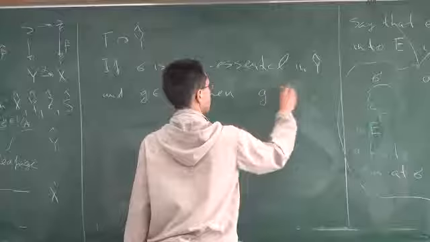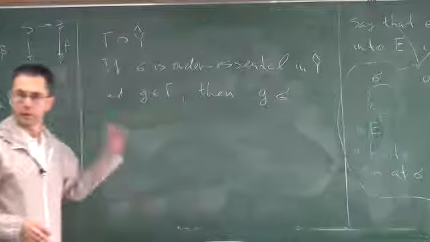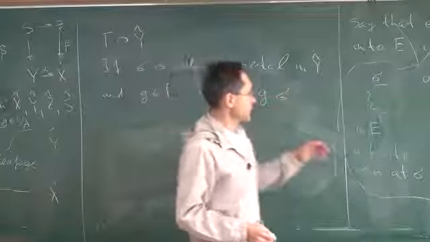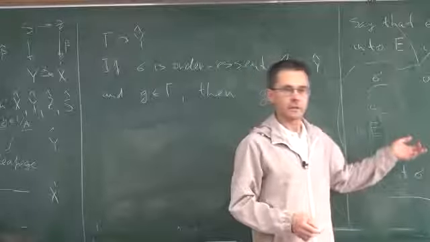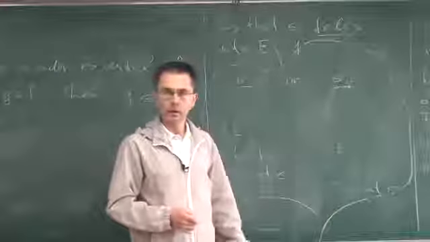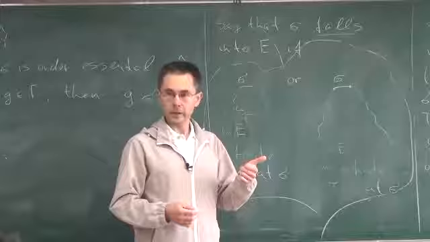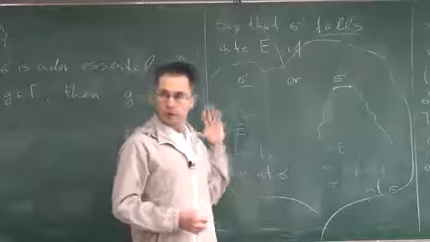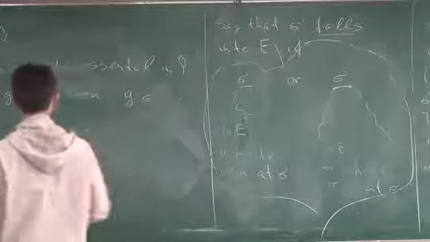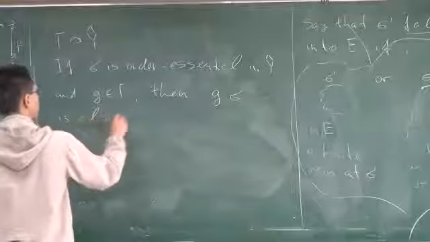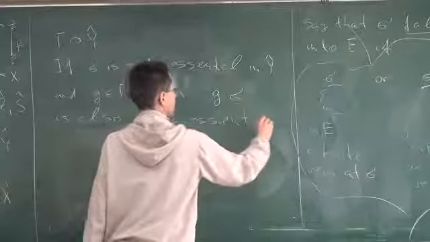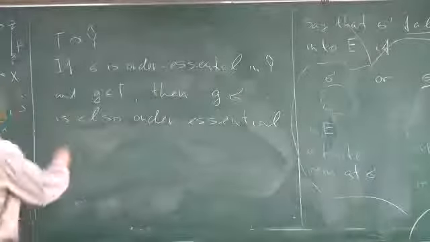Then take g dot sigma. Apply this group action to sigma. Again, what happens? Since sigma was order essential, there is a picture like this. There is a vein for sigma. And then you apply the group element just to this whole picture. The group action preserves the order again. So this whole picture will again be preserved if you shift it by some element g. So then g times sigma is also order essential in y hat.